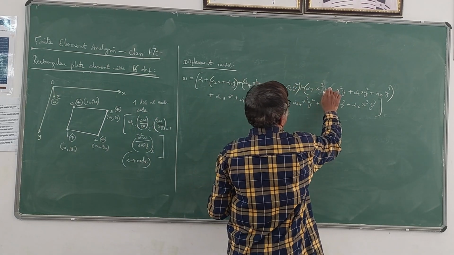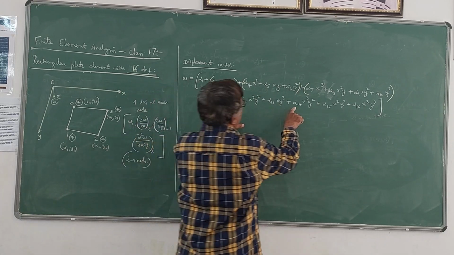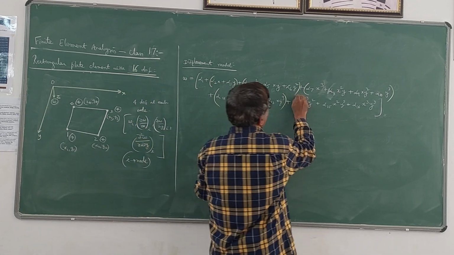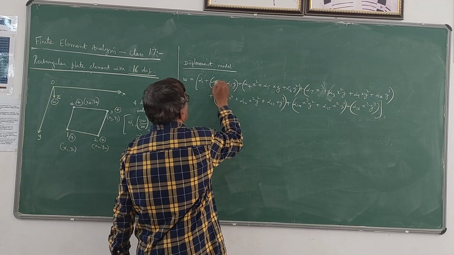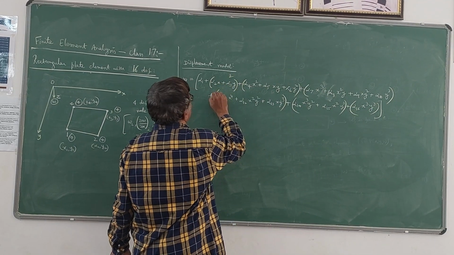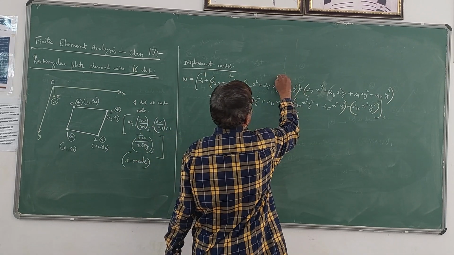The third order starts here, up to there. Then fourth order from here to here. Then fifth order is only 2 terms. Then sixth order. So the constant term is one, first order has 2 terms, and second order you have 3 terms.